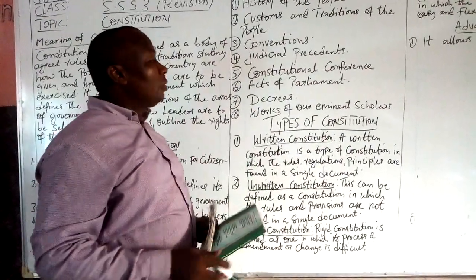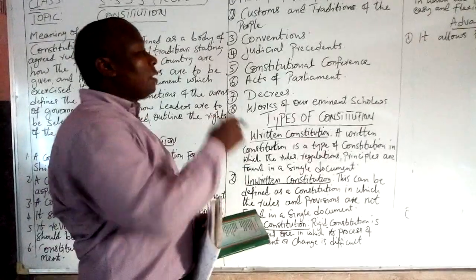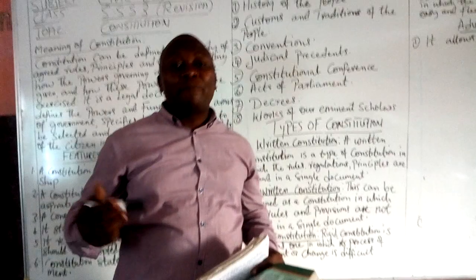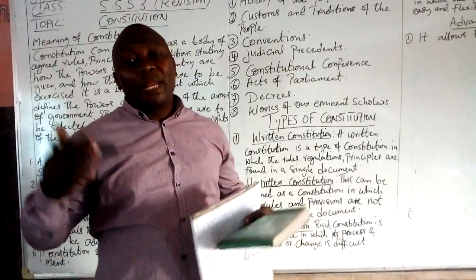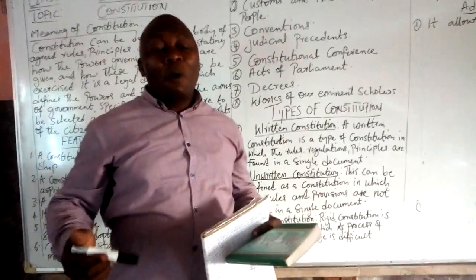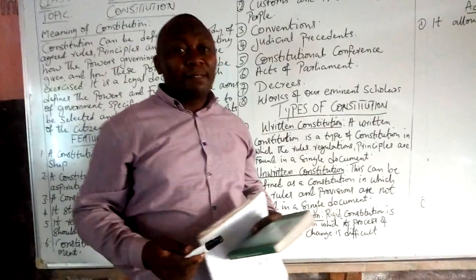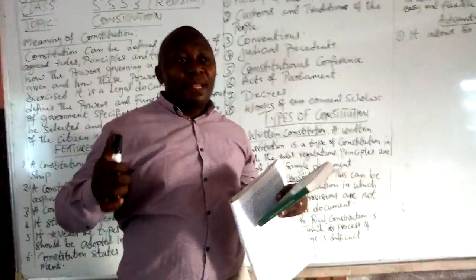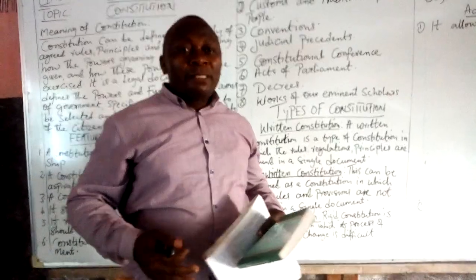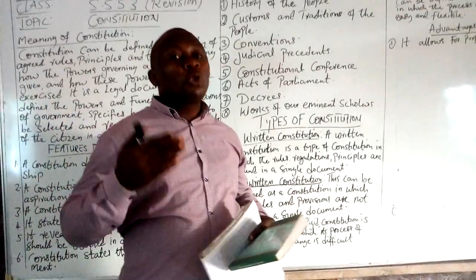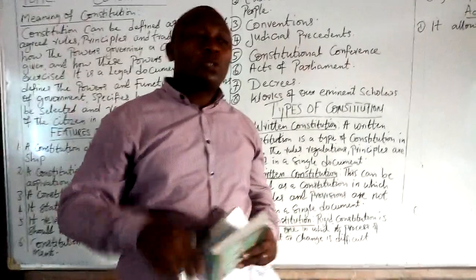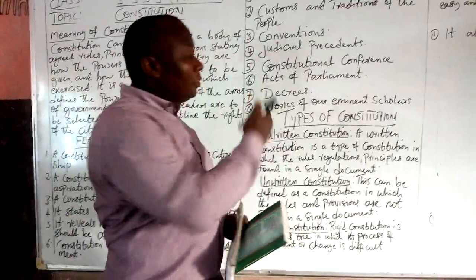Another source of our constitution is the works of our eminent scholars. We have many elites, people who have been exposed, erudite scholars who have established themselves in their areas of life endeavor. Some of their written works can also be consulted when trying to review or amend the constitution.